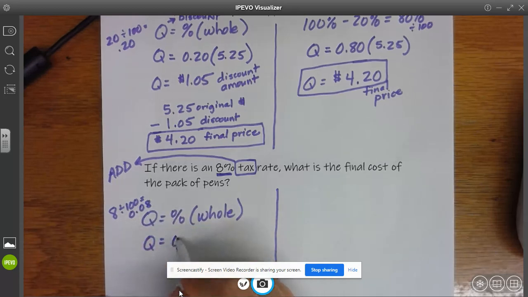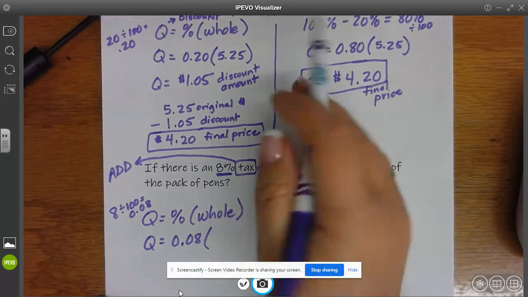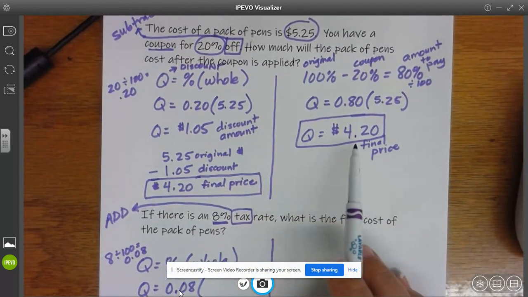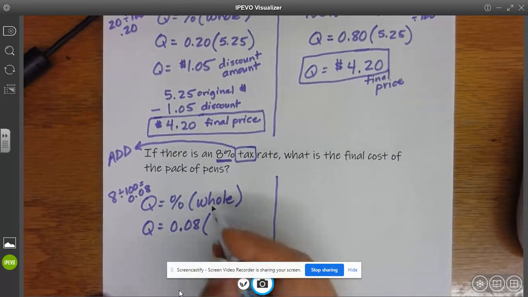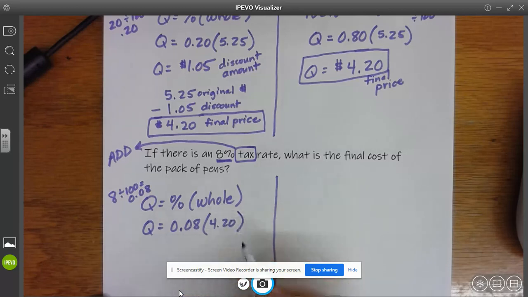So our tax rate, and that makes a difference. That's a different number. 0.8 and 0.08 are two different numbers. You have to have that 0 there. And then in the whole, instead of multiplying times the original price of the pens, we're going to multiply times our discounted price, $4.20, because that's what we're actually going to pay for those pens, $4.20 plus tax.